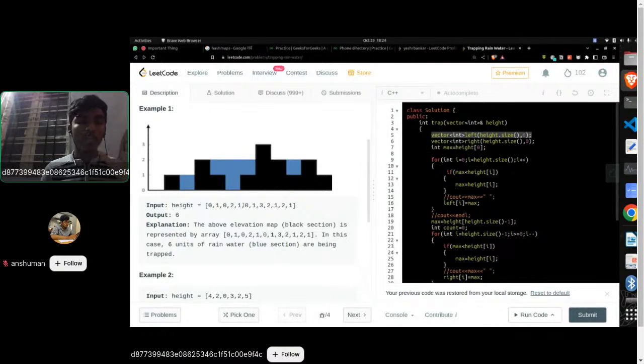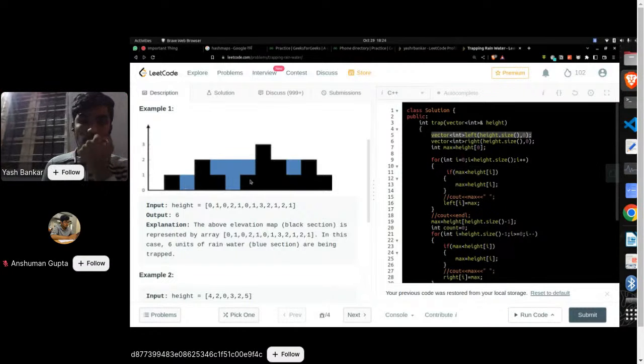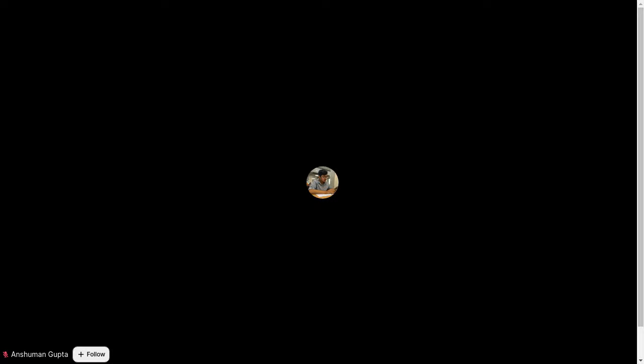For example, I store the information of the previous bar and the next bar, and then just calculate between them. So this is the basic logic. If you want to know more about this, you can check out my YouTube channel.